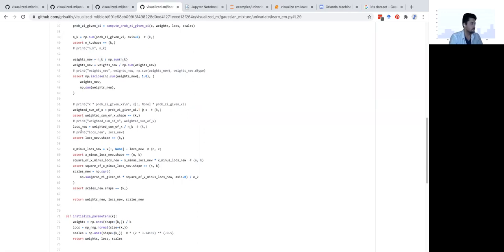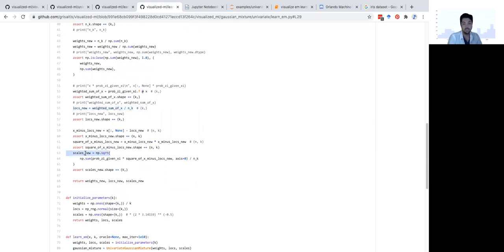I hope this all makes sense. And then based on this probabilistic assignment, we use it to compute new values, for example the weights, new values for the centers of each of the components, and also scales for each of them.